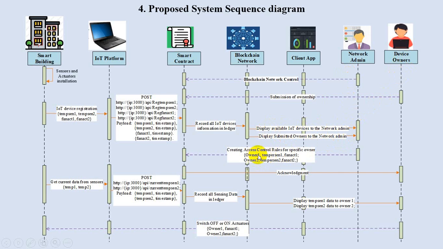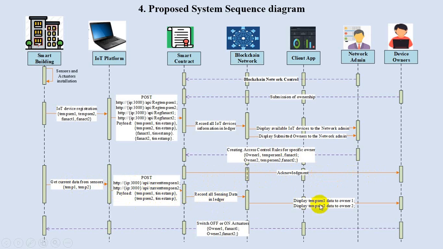For instance, owner 1 can check temperature sensor 1 and fan actuator 1, and owner 2 can check the sensing values from temperature sensor 2, and they can control fan actuators based on sensing values. The current data from sensors will be submitted here, and all the data will be recorded to the ledger.